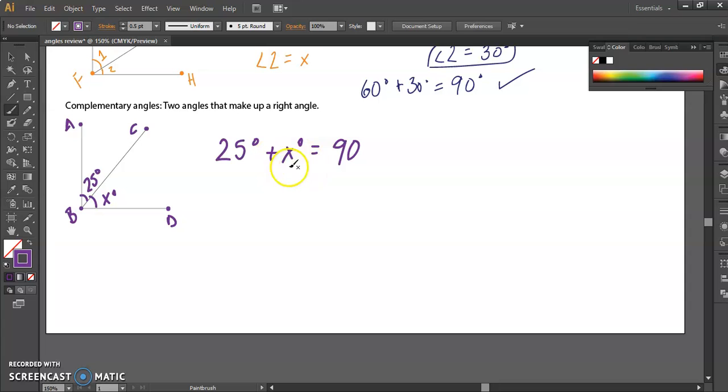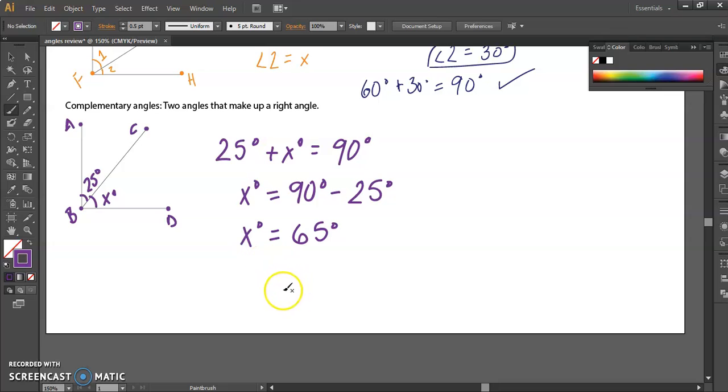Okay, what I'm going to do is I'm going to get x by itself. So I'm going to pass the 25 over to the other side and subtract. Okay, so x degrees is equal to 90 degrees minus 25 degrees, and 90 minus 25 is 65, so x degrees is equal to 65 degrees.